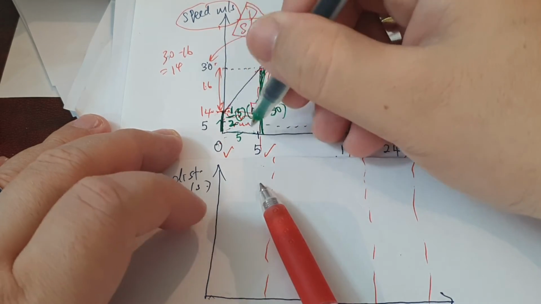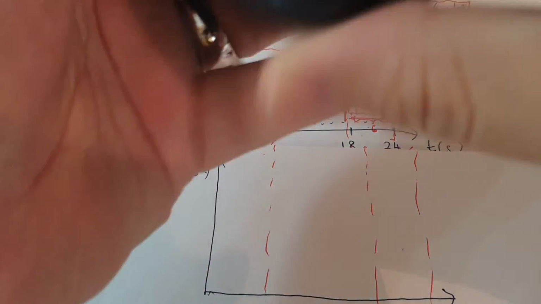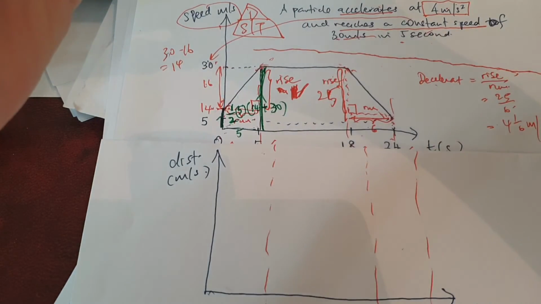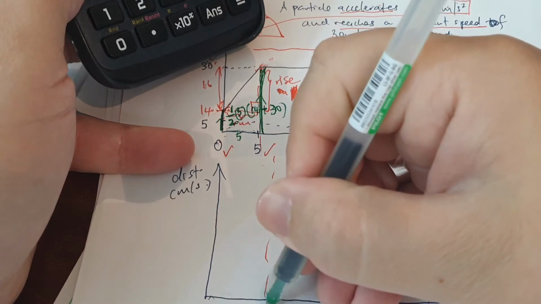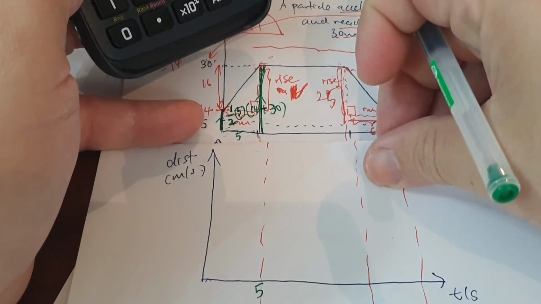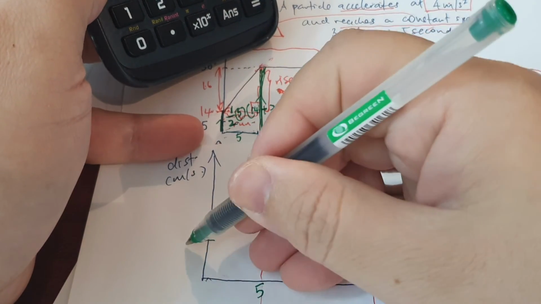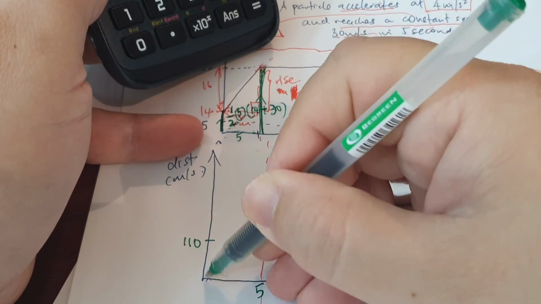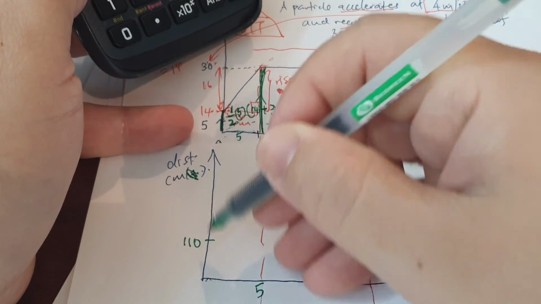That will give you the distance traveled for this part. Let me calculate: 0.5 times 5 times 44 is 110. That means in the first 5 seconds, it traveled 110 meters. Sorry, it's not meters per second, but meters.